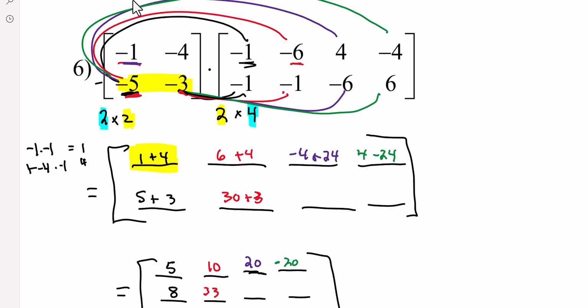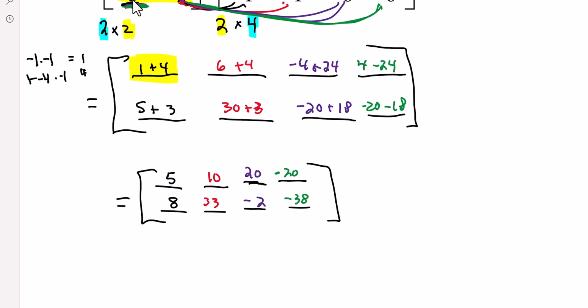All right. -5 times 4 is -20. -3 times -6 is +18. Add those together, you get -2. And then -5 times -4 is -20. -3 times 6 is -18. Add those together, you get -38.